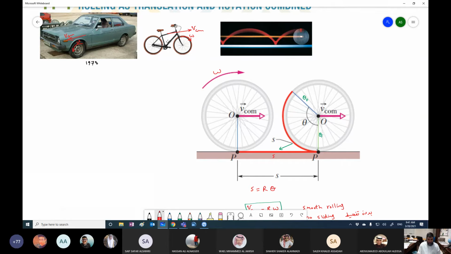Okay, as a result this is the distance S traveled، اللي هو الوتر، أو القوس بيسموه القوس. S equals R theta, or you can call it delta theta. S equals R delta theta.